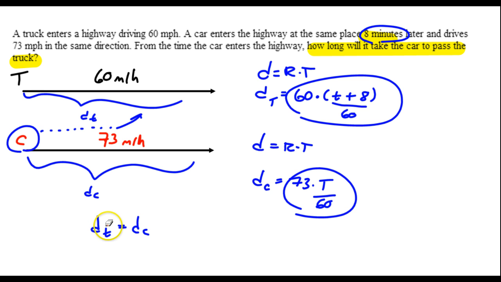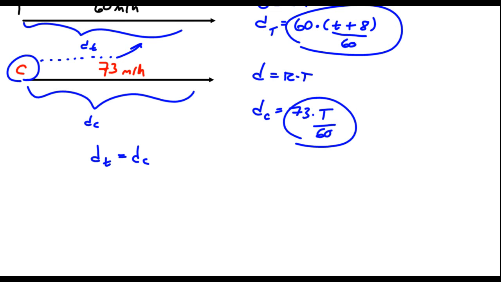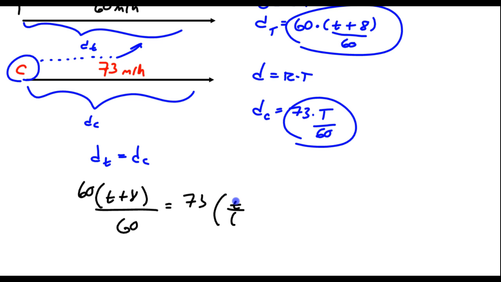My dt is going to be 60 times t plus 8, all over 60. And that's equal to 73 times t over 60. Once we solve for t, because t is our time, that's going to tell us how long it's going to take for the car to catch up to the truck.